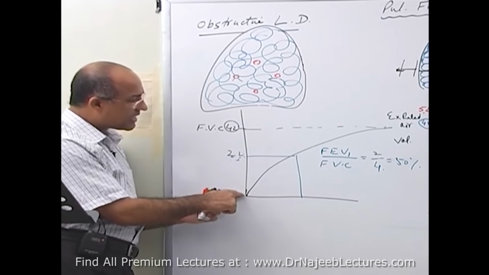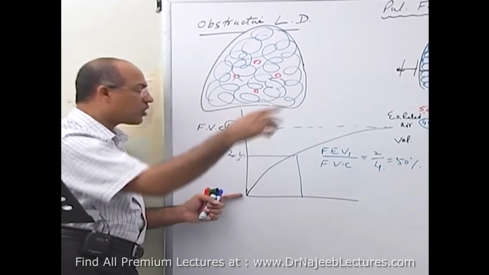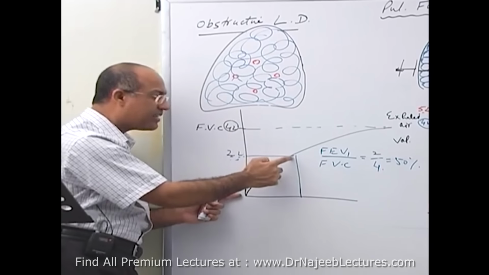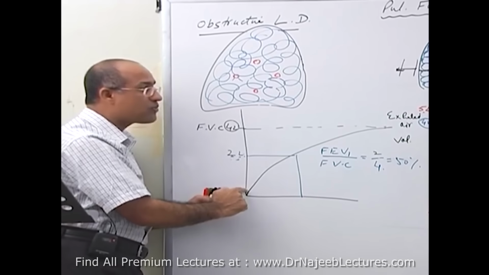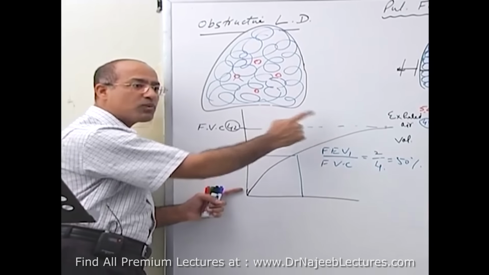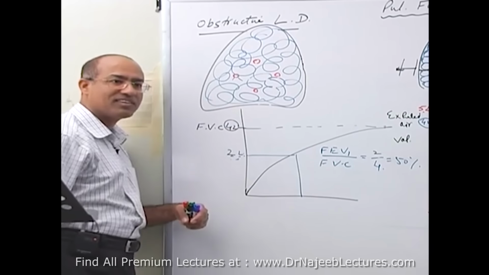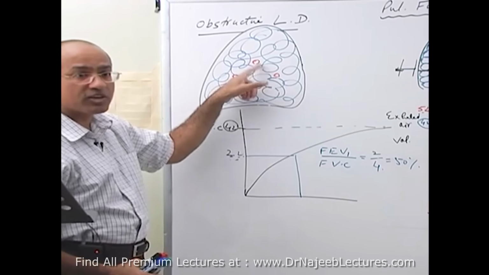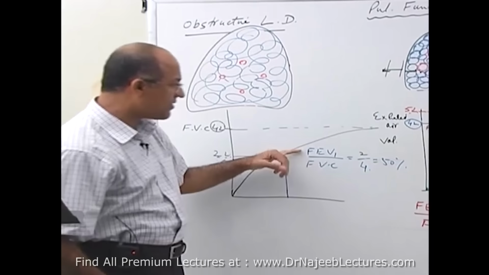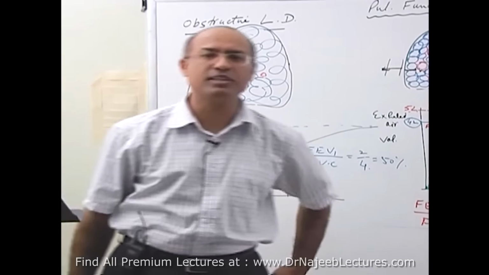What I was mentioning is that in this person with obstructive lung disease, his total air blown out was 4 liter, but during the first second he expelled only 2 liter. So out of 4 liter forced vital capacity, the fraction which came out was only 50%. Right? It means that there is airway obstruction, because airway obstruction is present whenever the FEV1 by FVC ratio is less than 70%.